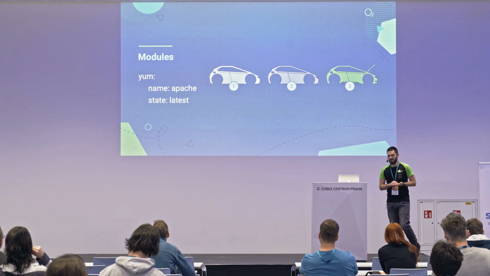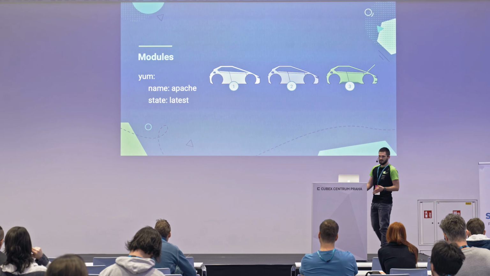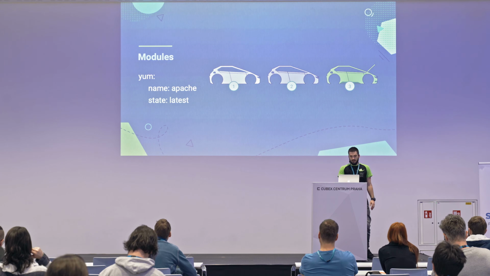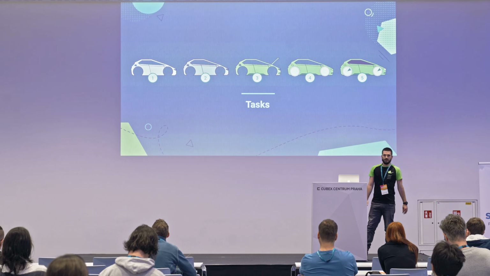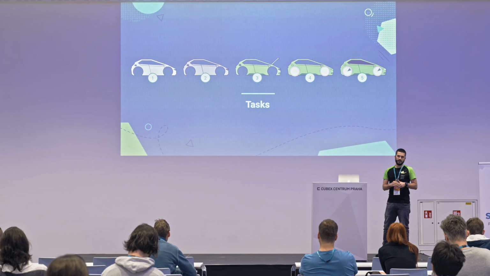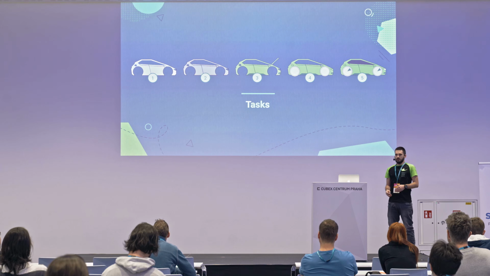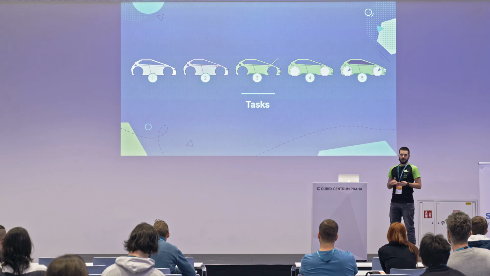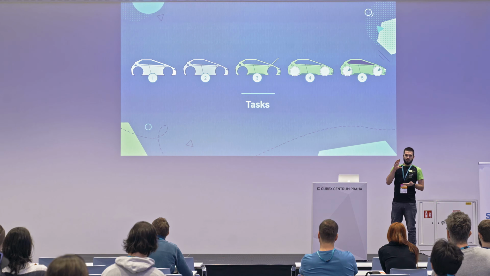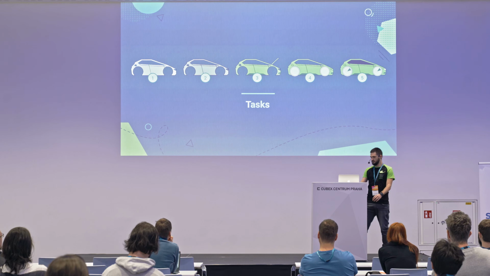For example, changing a file or creating a directory, changing permissions of a directory, and so on. And the tasks are really connected to modules because the tasks are the definition itself: whenever you want to perform an action, you are defining what should happen with the task, and then the task is executed with the help of modules.